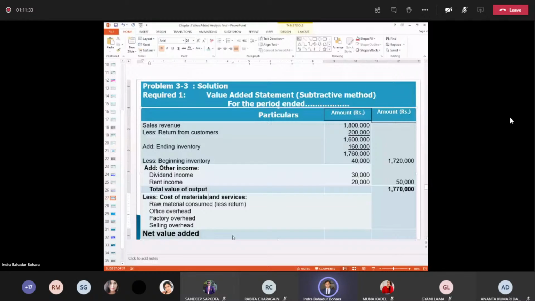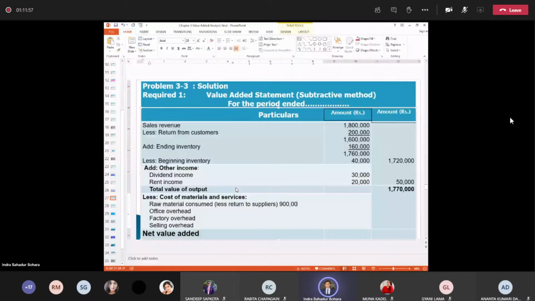Raw material consumed less return to supplier. Raw material purchase is 9 lakh, and we are not given the opening stock and closing stock of raw material. Therefore, raw material purchase is raw material consumed.